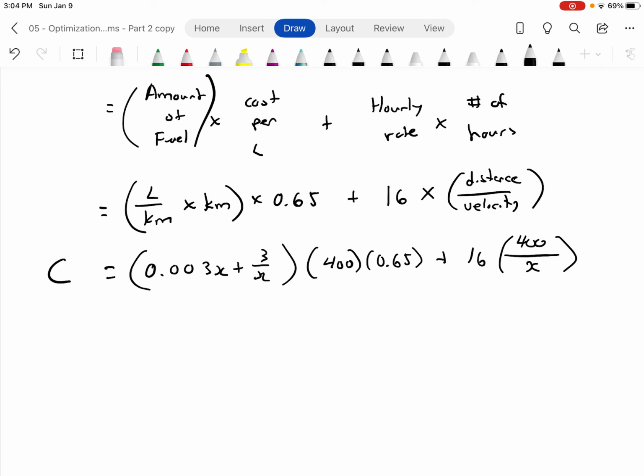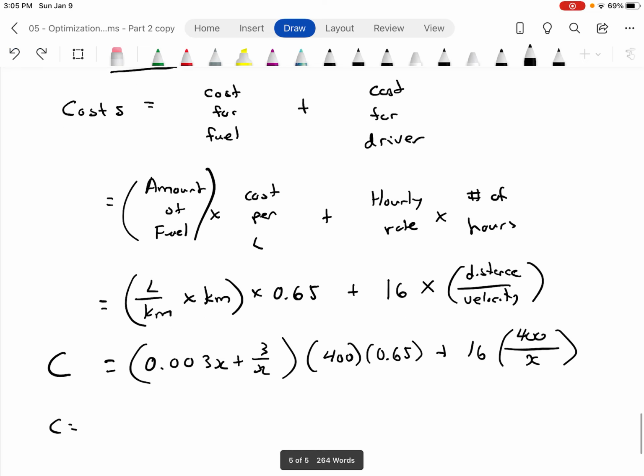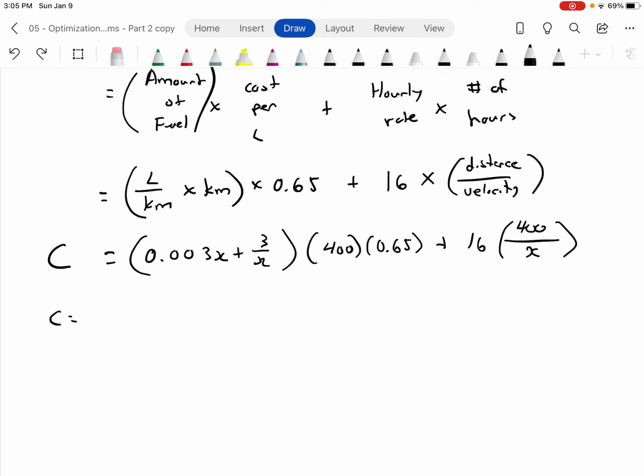I'm going to multiply out these brackets here. 400 times 0.65 times the 0.003x. If you multiply that all out with your calculator, I think you'll find what you get is 0.78x.